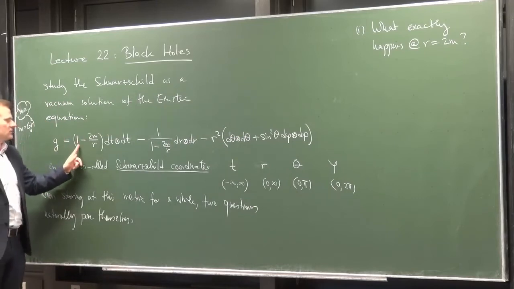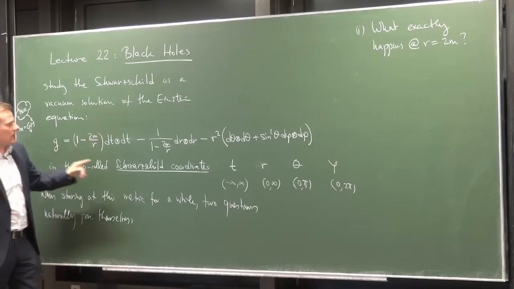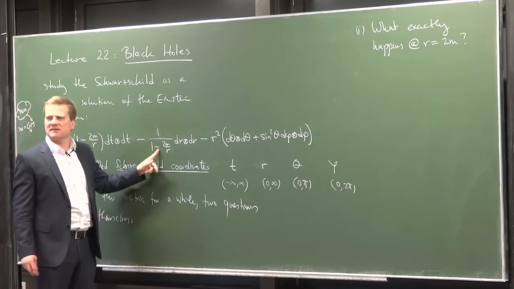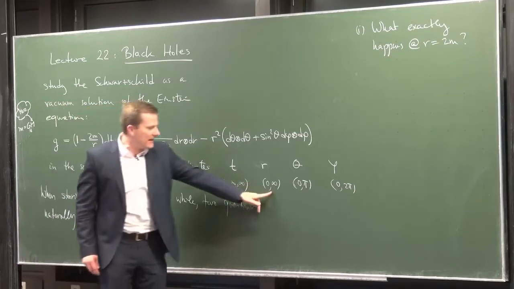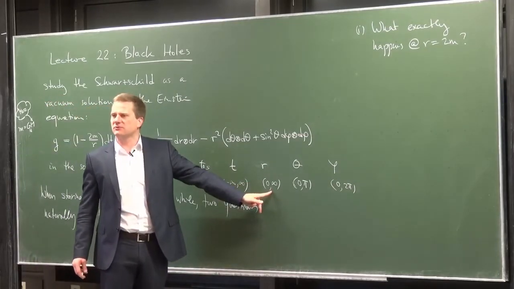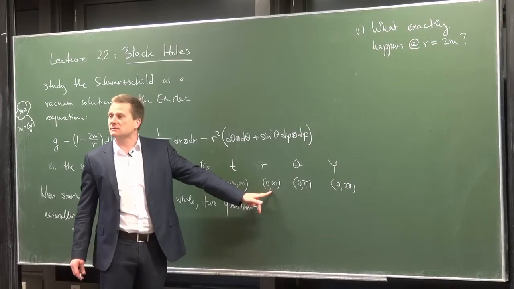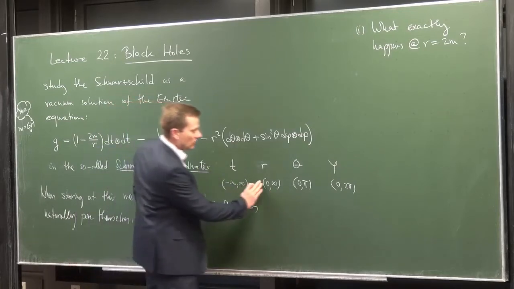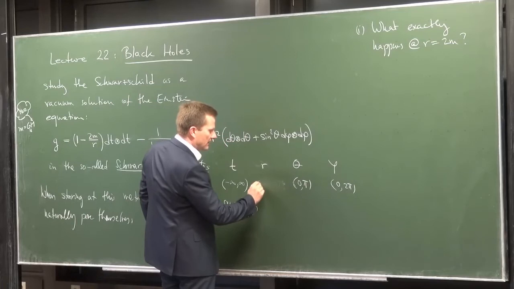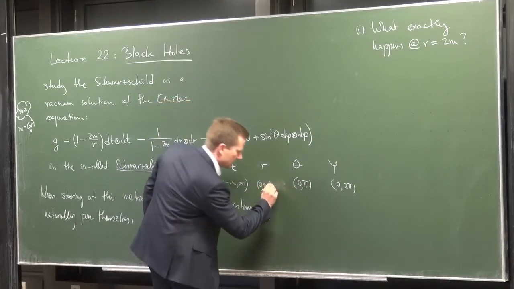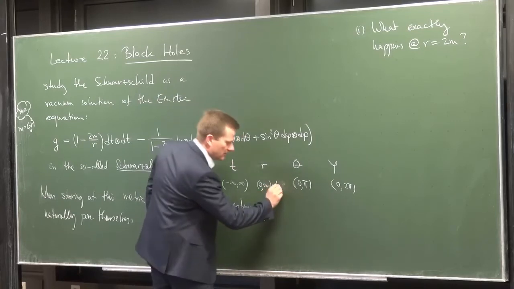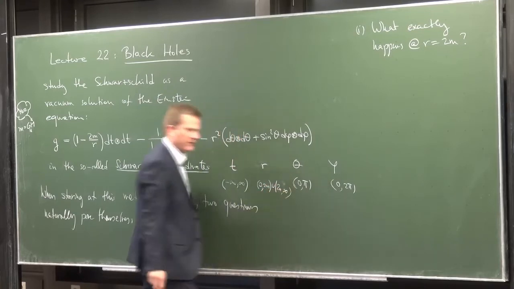Well, at r equals 2m, 1 minus 1 is 0, and worse, 1 divided by 0 is infinity. Aha! Why didn't you complain when I said r runs from 0 to infinity? It doesn't. In these coordinates, r may run from 0 to 2m exclusively, and then again from 2m to plus infinity.